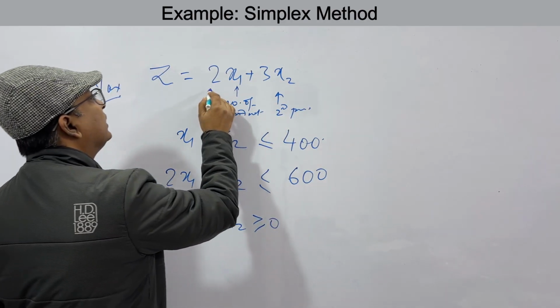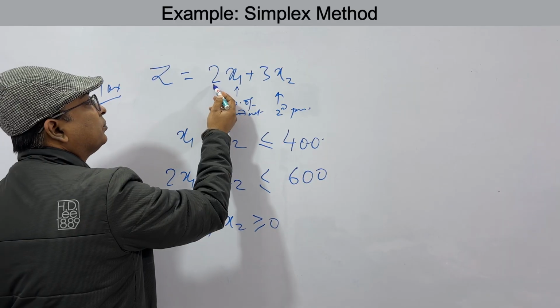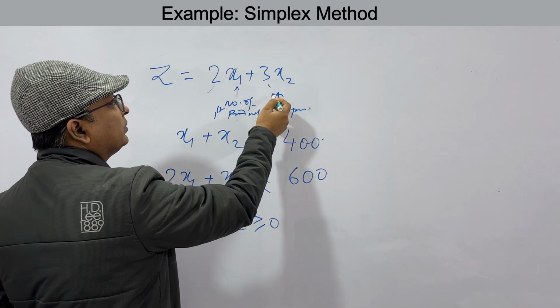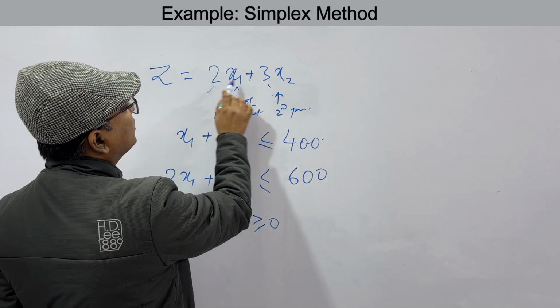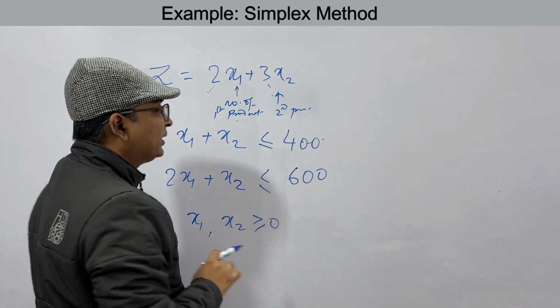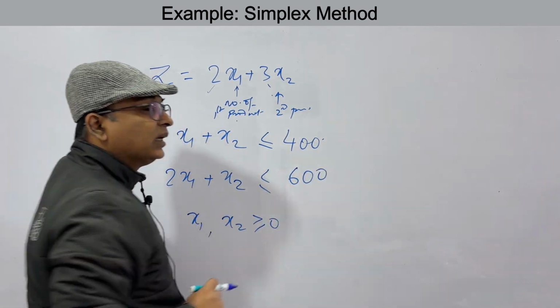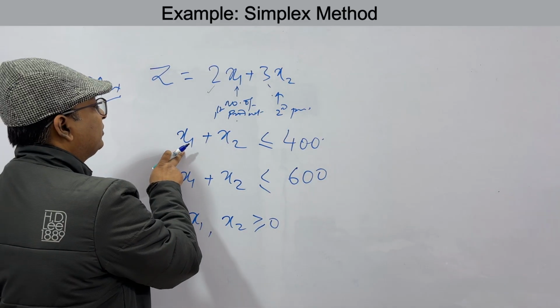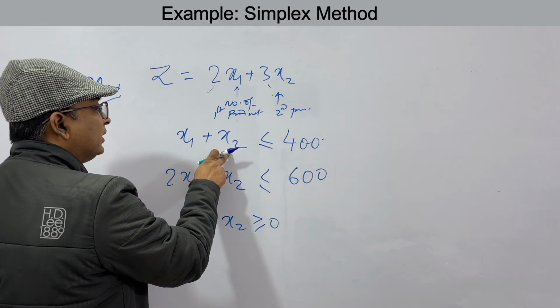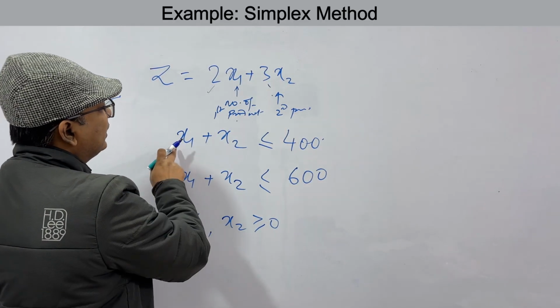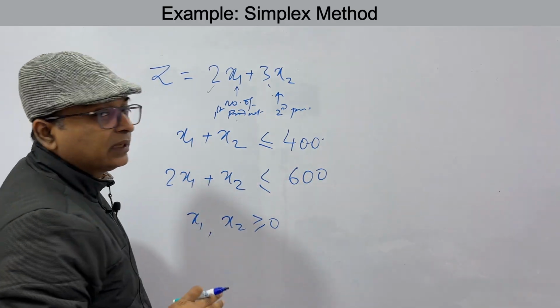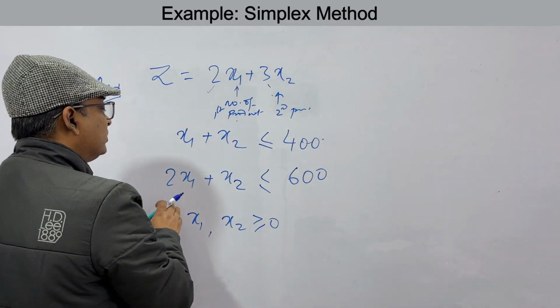The company gets a profit of rupees 2 from this and 3 from this, so total profit will be 2x1 plus 3x2. This we have to maximize, and the first machine is available for only 400 minutes. If the numbers of products are x1 and x2, then this plus this cannot be greater than 400. It has to be less than or equal to 400.